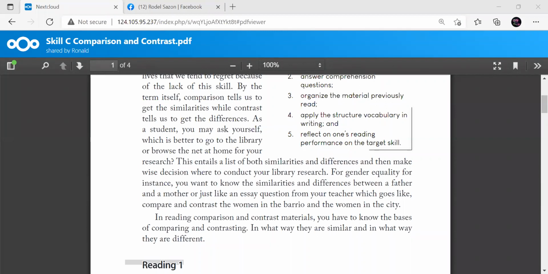For instance, you want to know the similarities and differences between a father and mother, or just like an essay question from your teacher which goes like, compare and contrast the woman in the barrio and the woman in the city. In reading comparison and contrast materials, you have to know the basis of comparing and contrasting, in what way they are similar and in what way they are different.